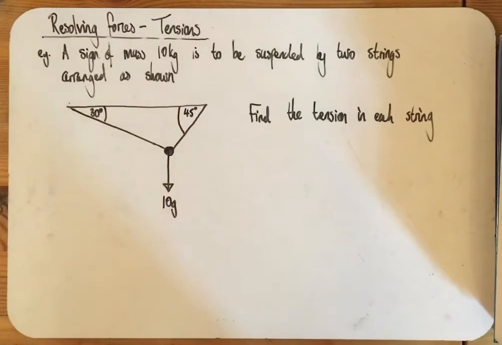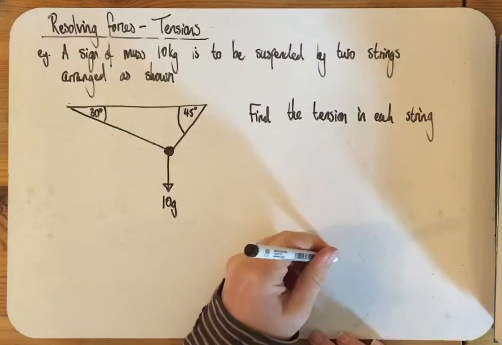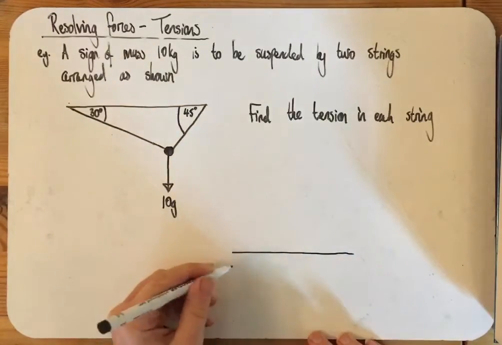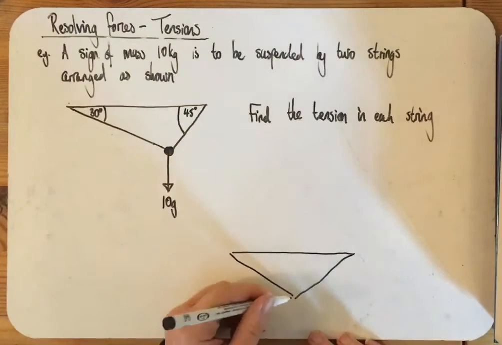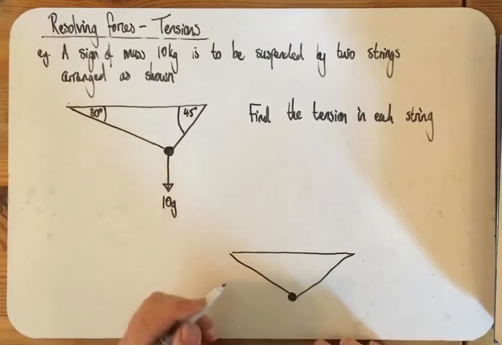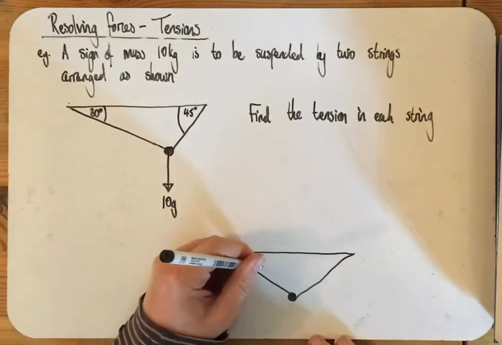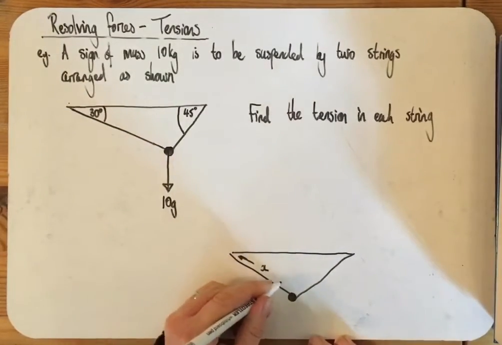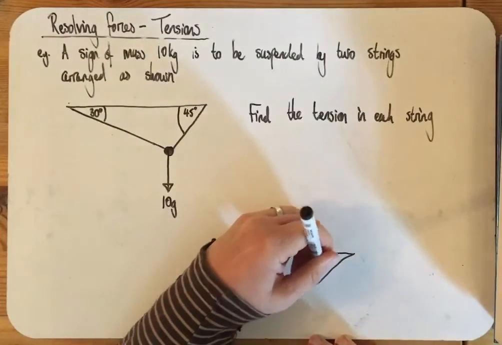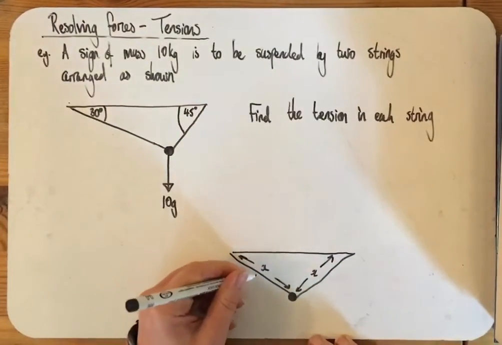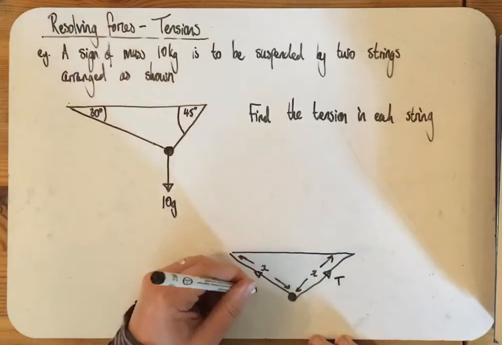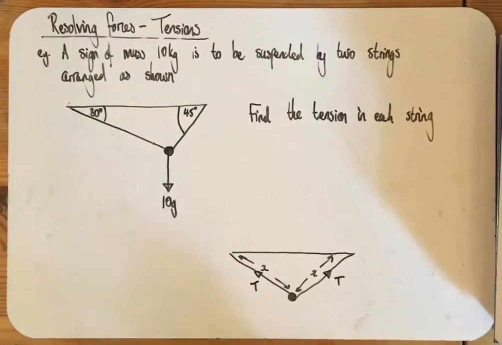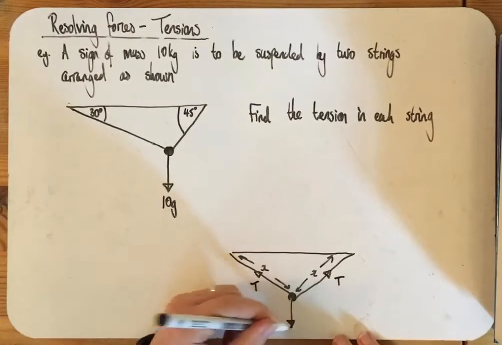Obviously it wouldn't look like that in real life. In terms of tensions in a string, just be a little bit careful. If the sign was being hung so that the two lengths of string are exactly the same, then these two tensions will be the same, and then we've got some weight acting down.